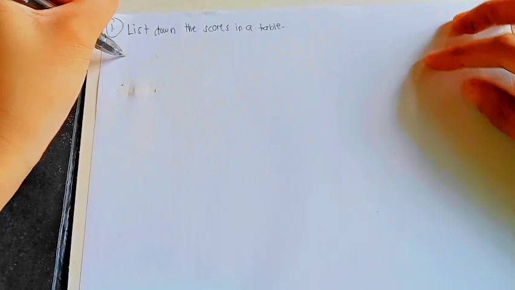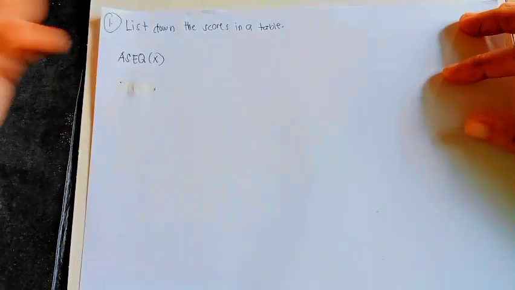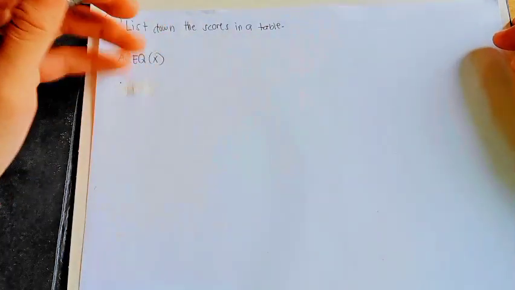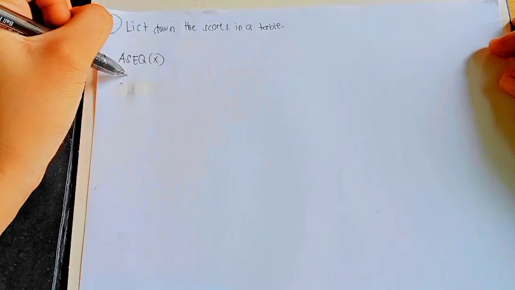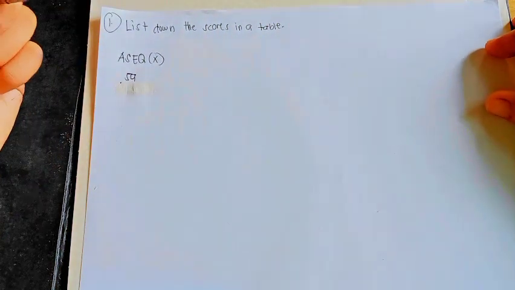The first thing to do is to list down the scores in a table. The Adolescent Self-Esteem Questionnaire is for the X. We are going to list down the 10 students. These are their scores on the scale of 0 to 100.